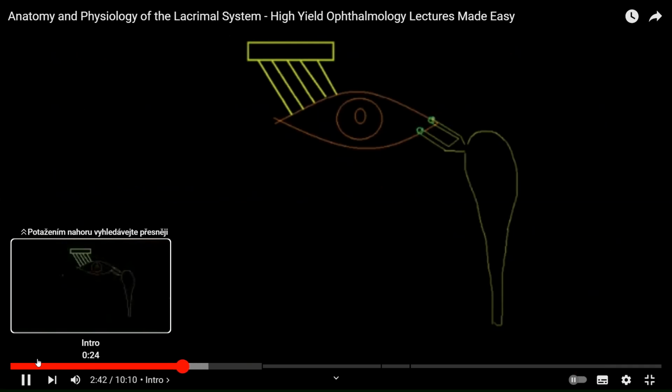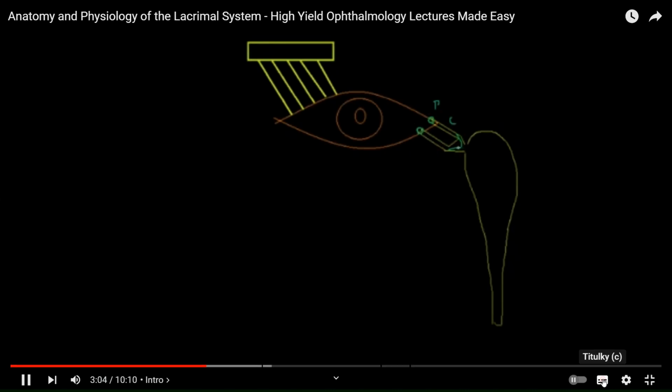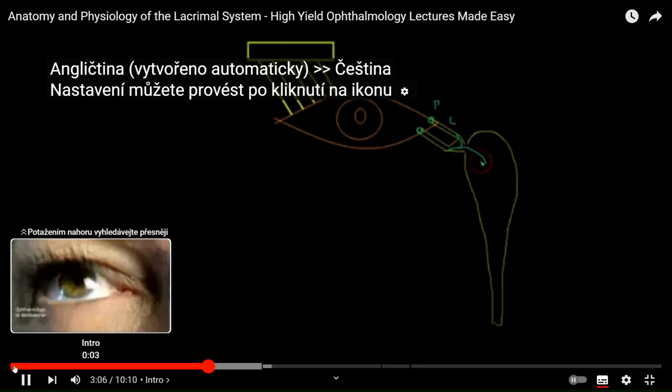These holes are called the lacrimal puncti, right? And these holes and these canals are called the lacrimal canaliculi. These lacrimal canaliculi join together, and then they deposit the tears into this big old sac.